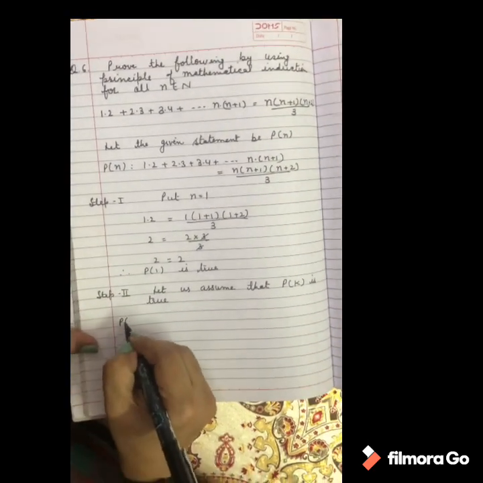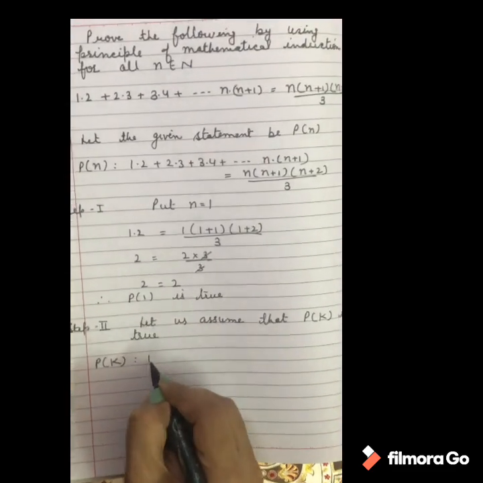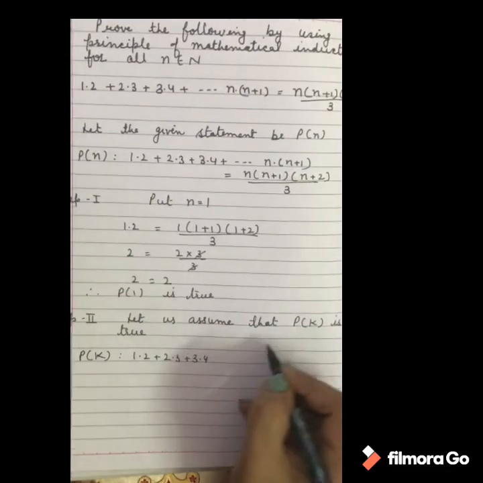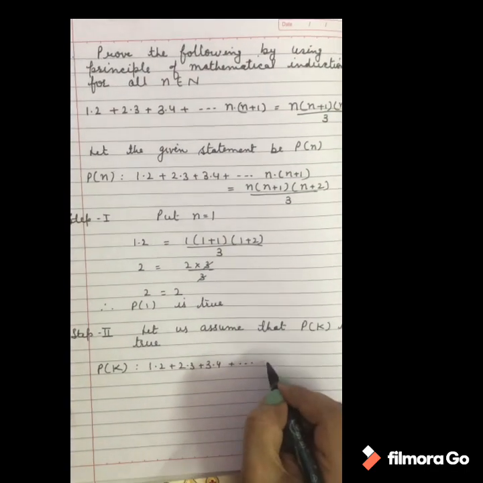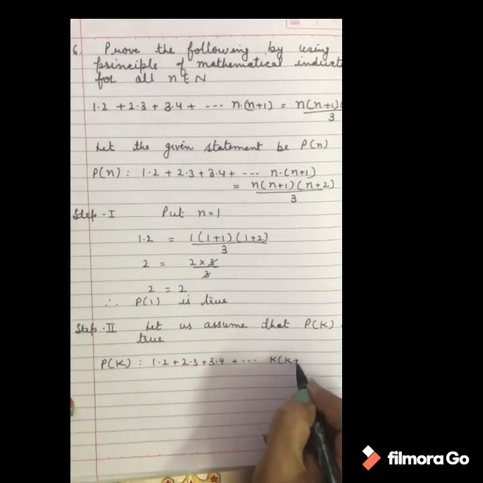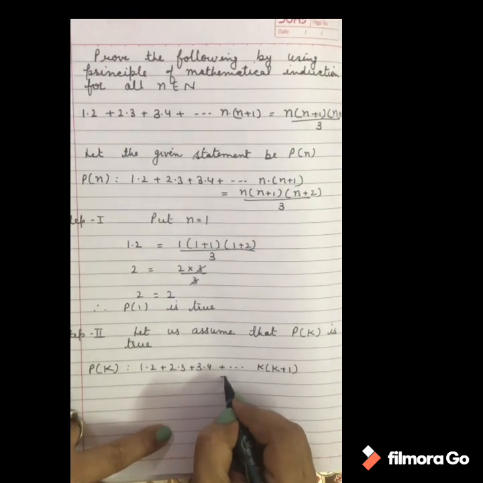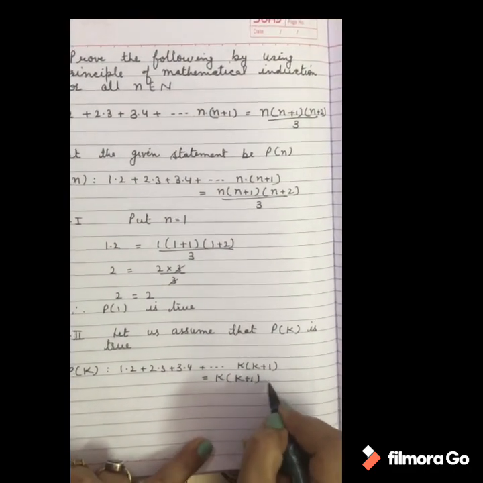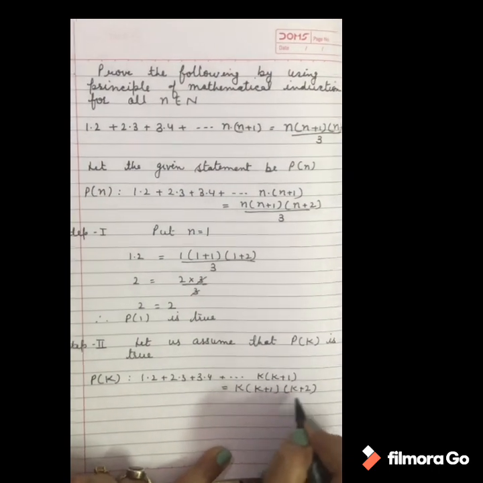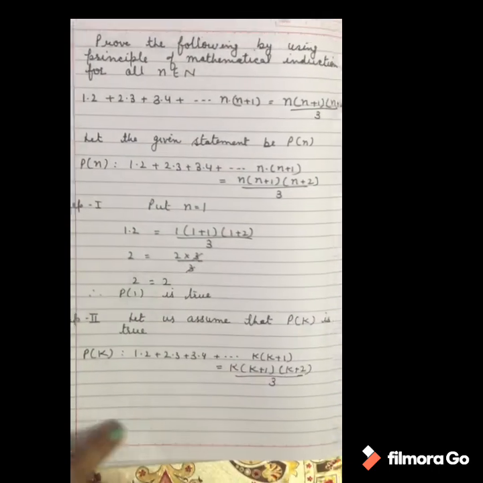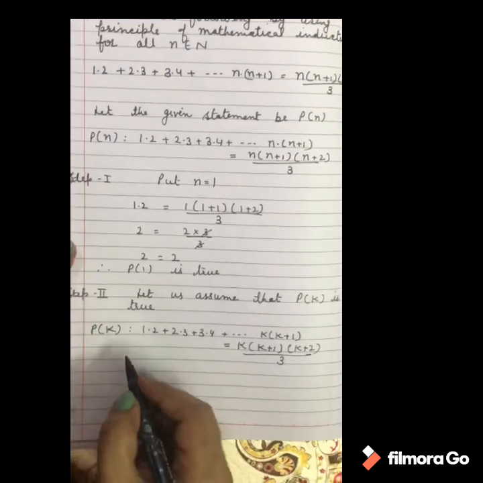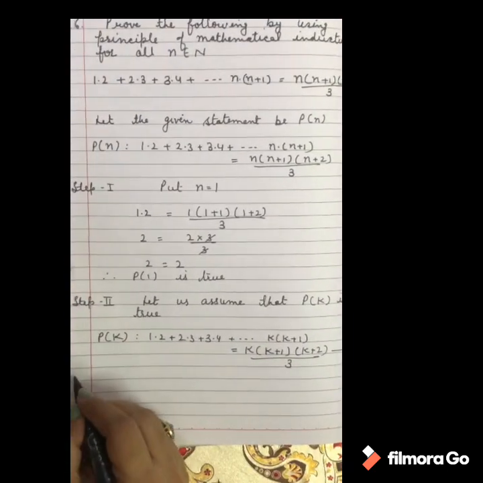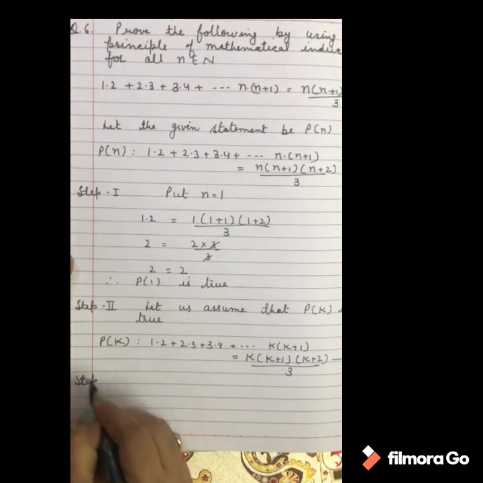Means P(k): 1.2 + 2.3 + 3.4 + ... + k(k+1) = k(k+1)(k+2)/3, right? Now let it be our equation 1. As you know, we will be using this in step 3.